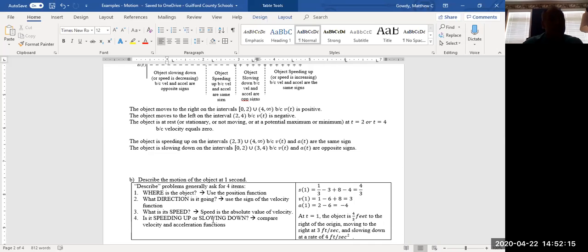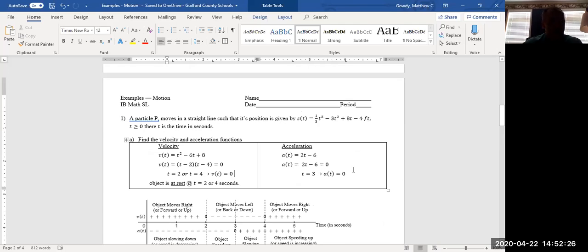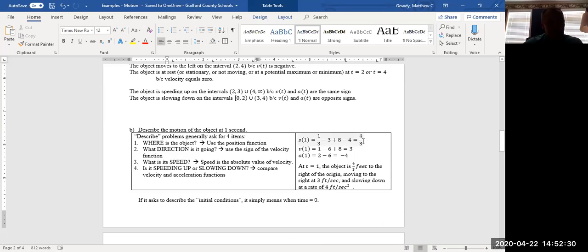So here, describe the motion of the object at 1 second. So I plugged in 1 to position, velocity, and acceleration. I just use those formulas from up here for position, velocity, and acceleration. The position was 4/3. The velocity was +3. Acceleration was -4. So we write a sentence that has all 4 of those things in that sentence.